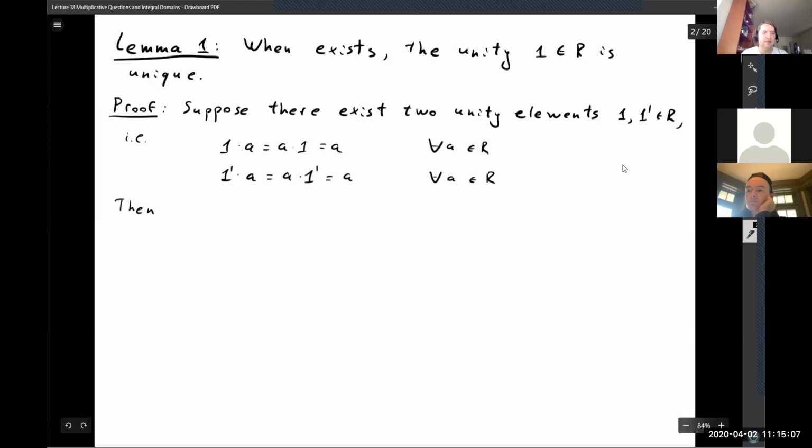Well, then let's look at their product, 1 times 1 prime. By condition star, it must be equal to 1. On the other hand, by condition double star, it must be equal to 1 prime. So these two elements must be the same. So 1 prime equals 1. Okay.